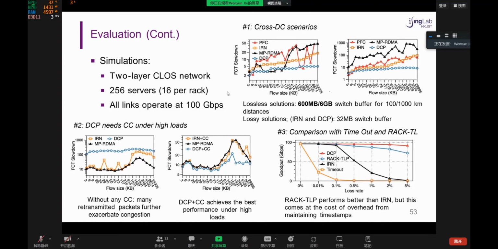That's the problem in long distance transmission. The lossless solution may experience low link utilization because the pause frame needs a long time to arrive at the upstream. After the pause frame, the downstream device has to generate a resume frame to notify the upstream device to restart transmission.